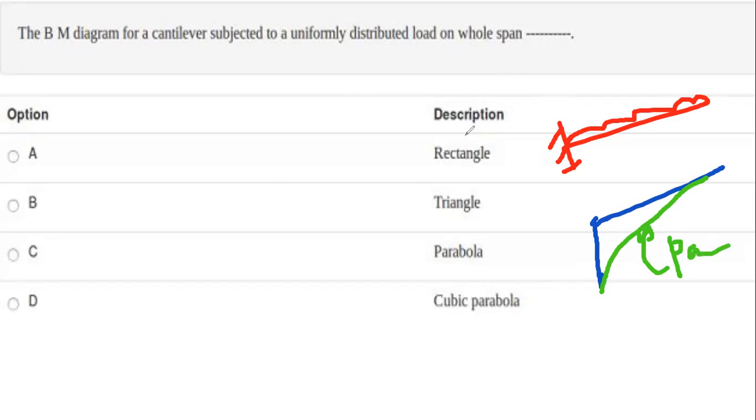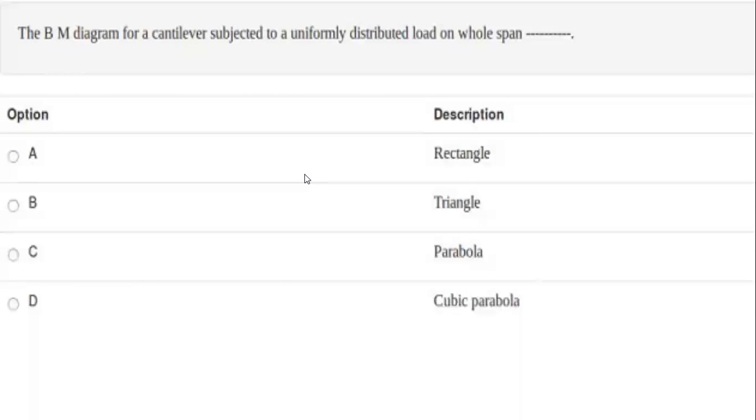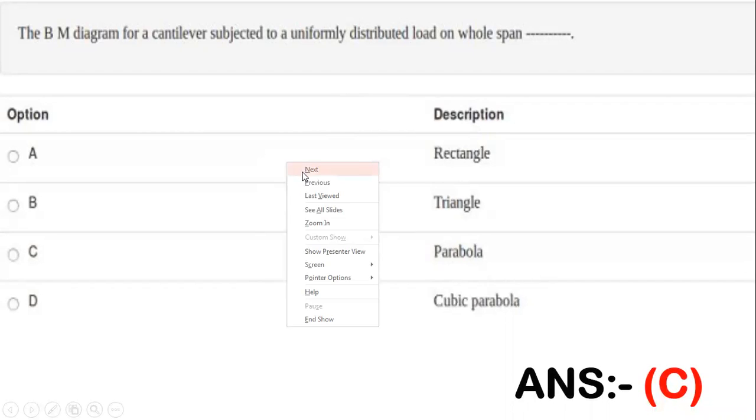So option C is the correct answer, parabolic. Okay, next MCQ.